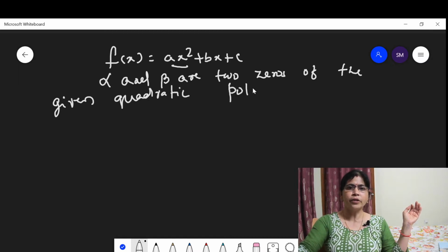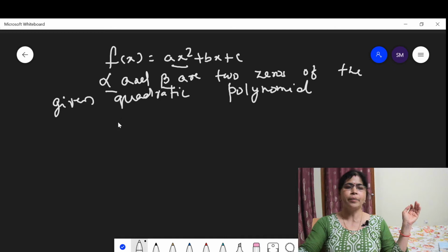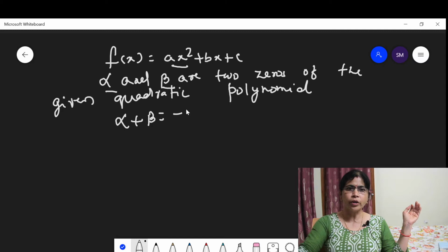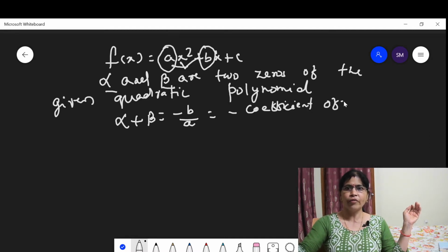Now let us discuss the relationship between alpha and beta. Alpha plus beta is equal to minus b upon a, where b is the coefficient of x and a is the coefficient of x square. That is, the minus of the coefficient of x upon the coefficient of x square.